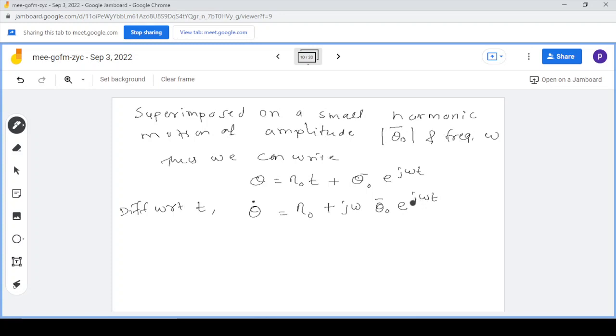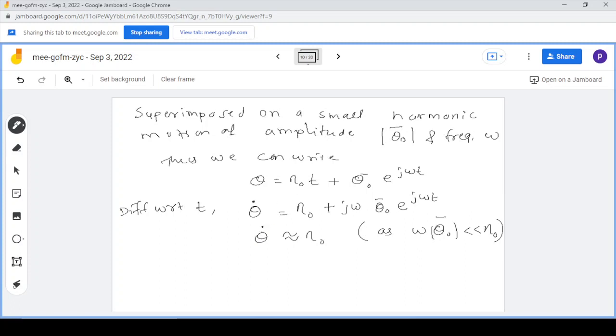Okay, and this can be abbreviated as n0, as omega into theta 0 is very much less than n0. So we can write this angular velocity theta dot. What is theta?